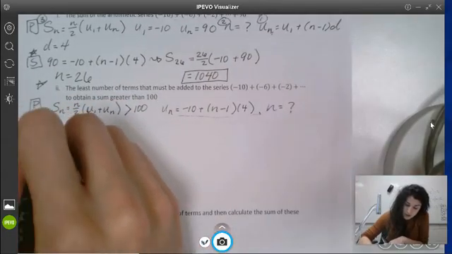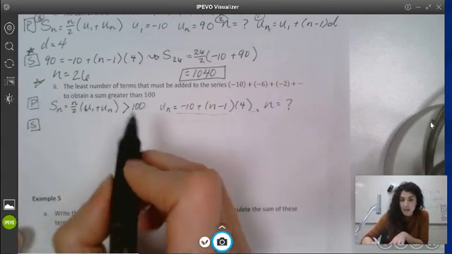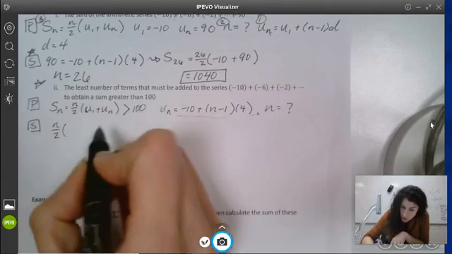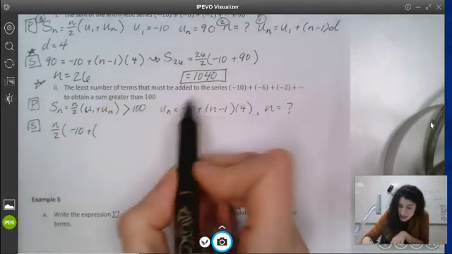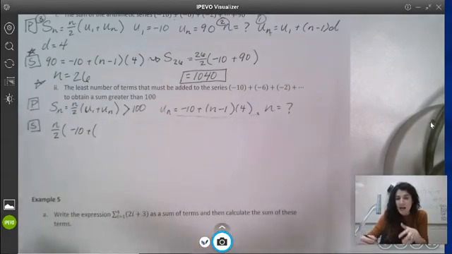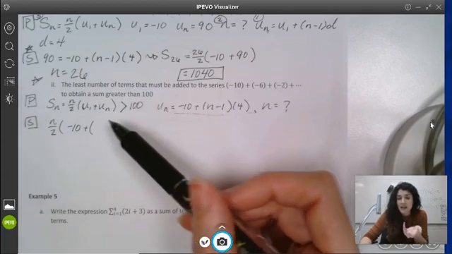What we're going to do is try to fill out this sum formula with all of the information we possibly can. We don't have n, so I'm going to leave n over 2. U sub 1 is negative 10 plus, and then I don't have u sub n. It feels like I haven't really done anything, right?